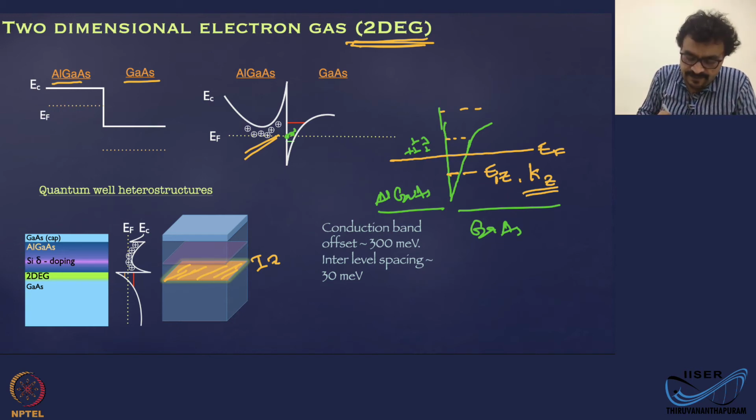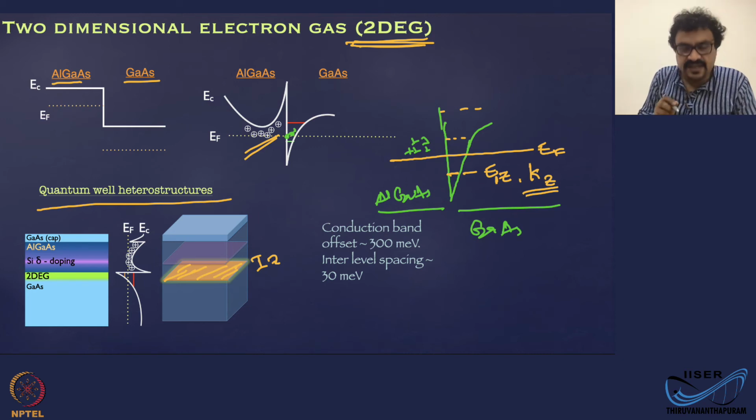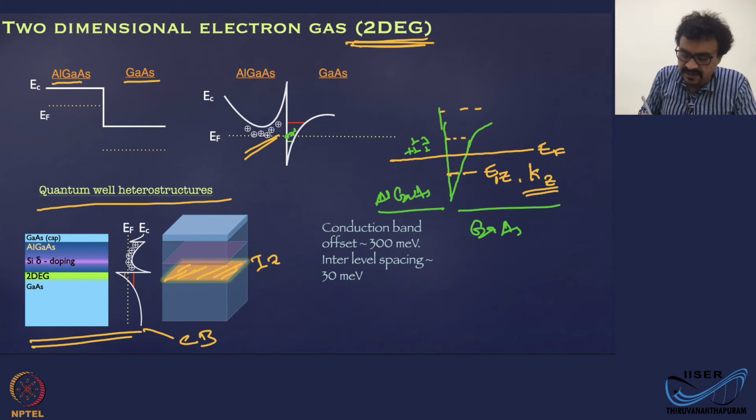Now this quantum well heterostructure, in this case, is gallium arsenide and aluminum gallium arsenide. This is a typical growth sequence. And here what you're seeing is the conduction band edge through the system. So you have a gallium arsenide capping layer that is just to prevent oxidation of the aluminum gallium arsenide layer.